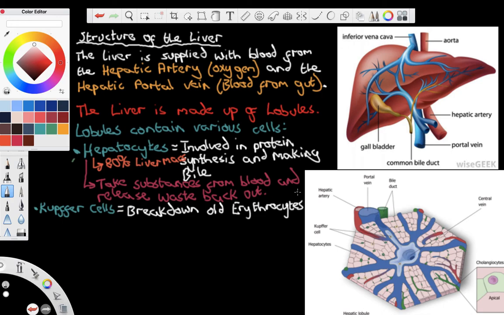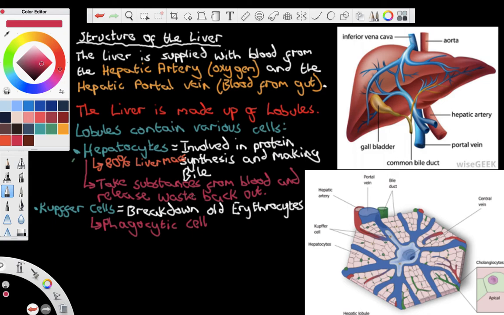They're essentially a form of phagocytic cells. So I'll put it in this colour. Phagocytic cells. So essentially what they do is they engulf old erythrocytes and break them down.